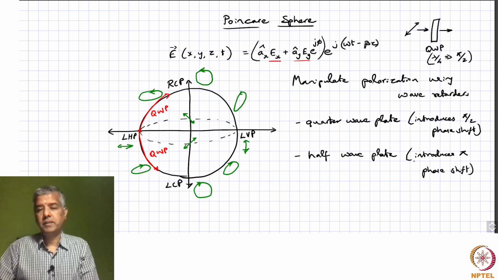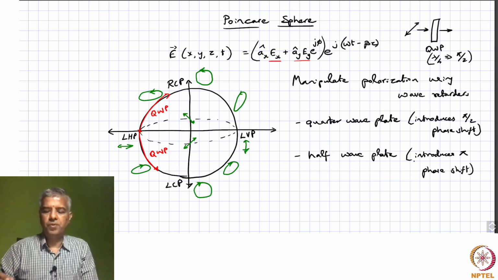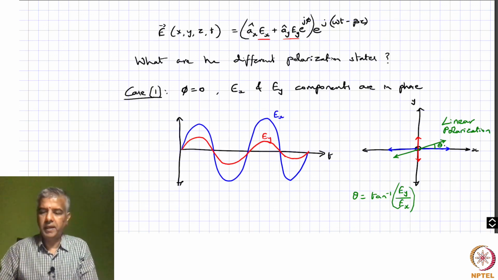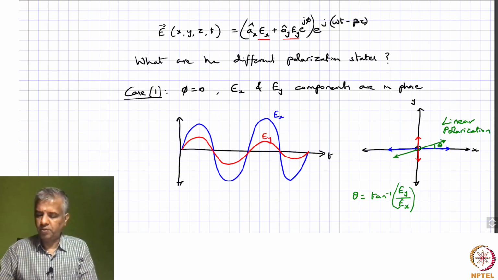So essentially if you have Ex and Ey like this, and your Ey is flipped, then the polarization is still linear, but it would have flipped vertically. So then that would be oriented in this direction.